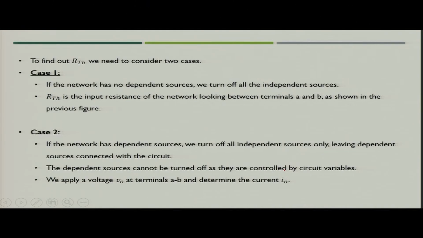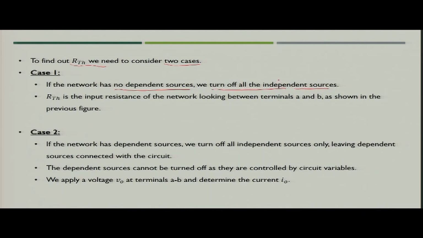Now, we also discussed that for calculation of Thevenin resistance we need to consider two cases. What was the first case? In the first case the network has no dependent sources and we turn off all the independent sources.